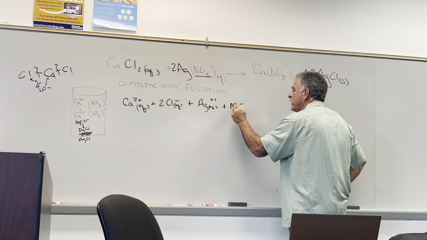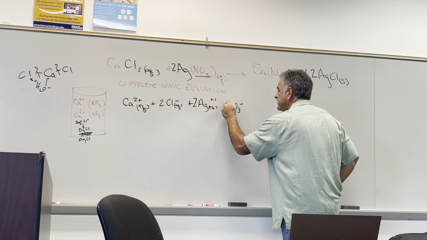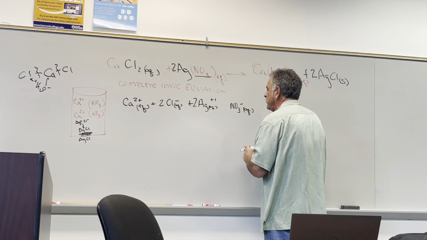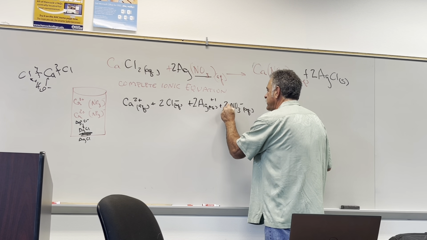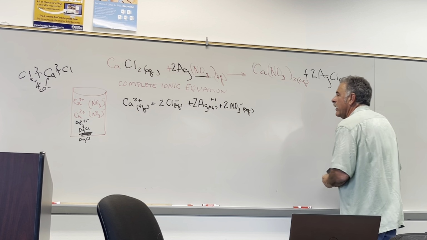Nitrate, and there's 2, I'm sorry. 2 of those and 2 of these, and then it's aqueous. The coefficient is how many of those molecules, or more specifically how many ions, are in the balanced chemical equation. So we have the ions, all the reactants are taken apart.